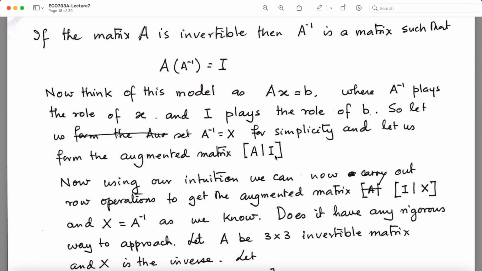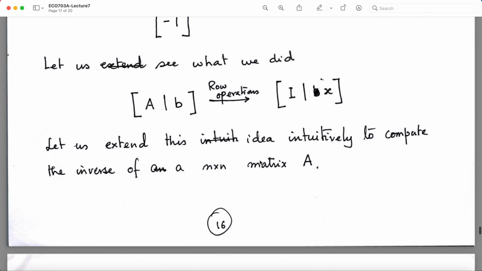So we have now done the augmented matrix. Now our job is to do a row operation on them, just extending this intuition. Instead of thinking of B as a vector, think of it as a matrix. Instead of thinking of X as a vector, think of it as a matrix.